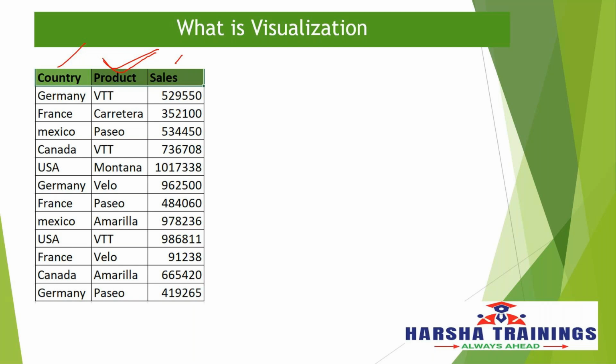When I ask for total sales for Germany and total sales for France, what you need to do is take the Germany sales for this product, again the Germany sales for this product, and one more Germany sales for this product. You sum the sales from Germany, and you get the total sales.